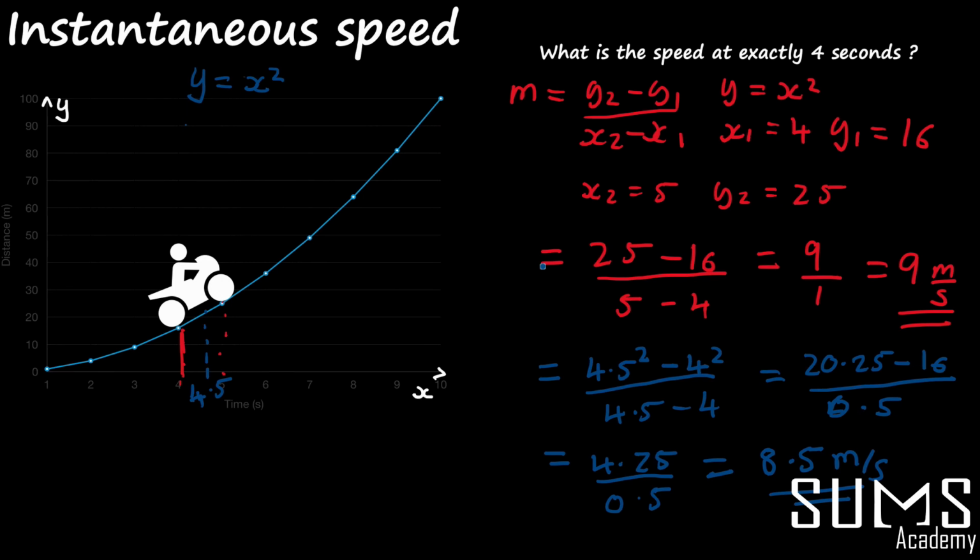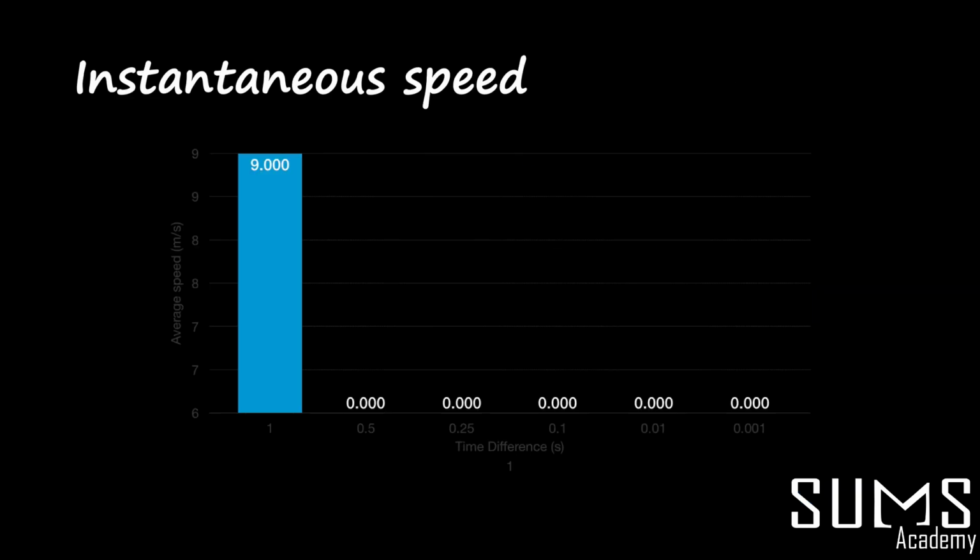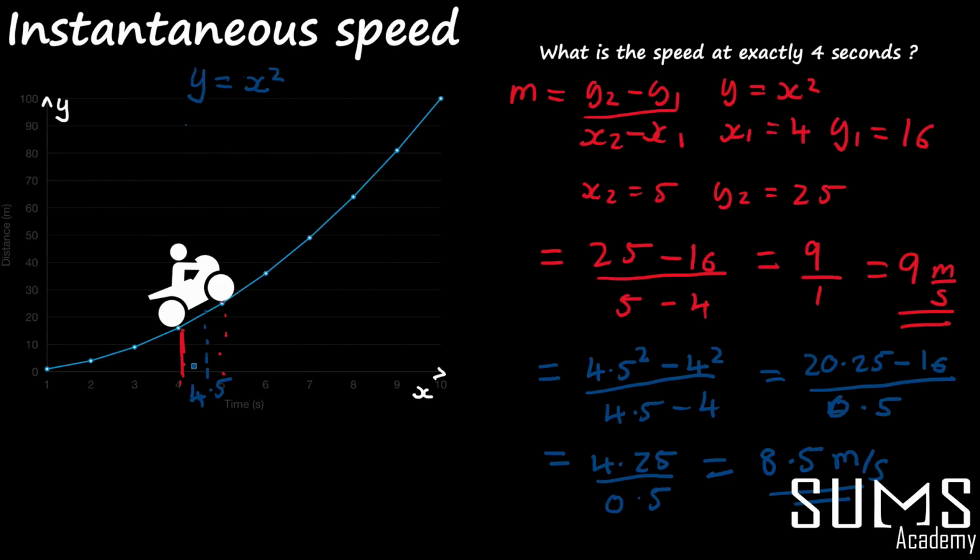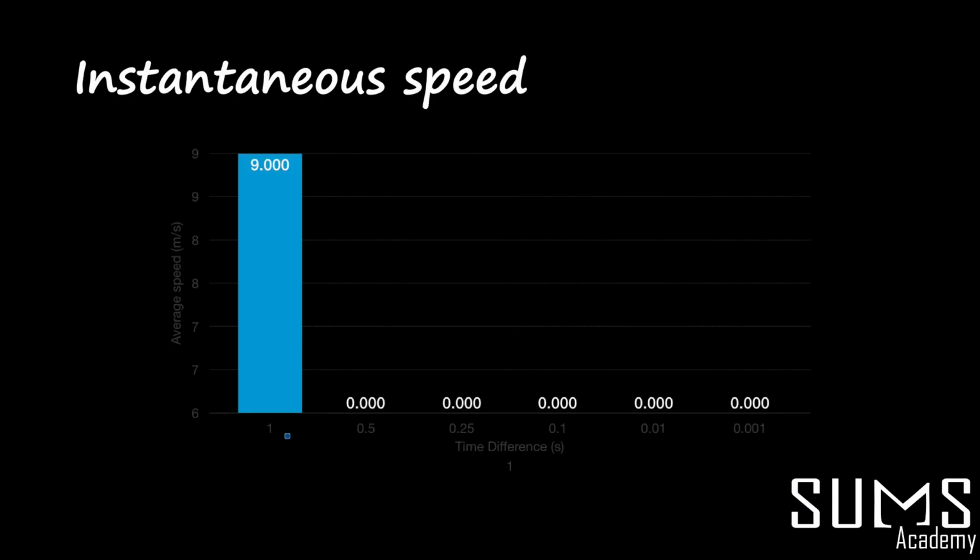So it's going to give us a more accurate idea of what the speed is at 4 seconds. I won't go through and do the math for every single point, but I've got a graph to help explain this. This is a graph of average speed against the time difference between the 2 points. Here the time difference was 1, and that's what we just calculated as 9.